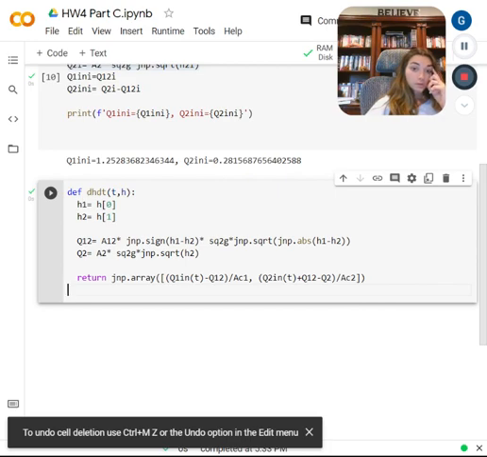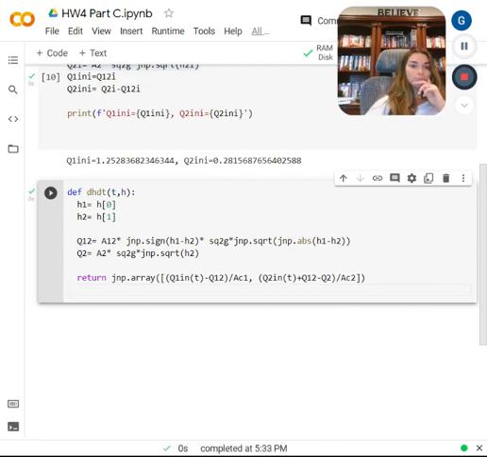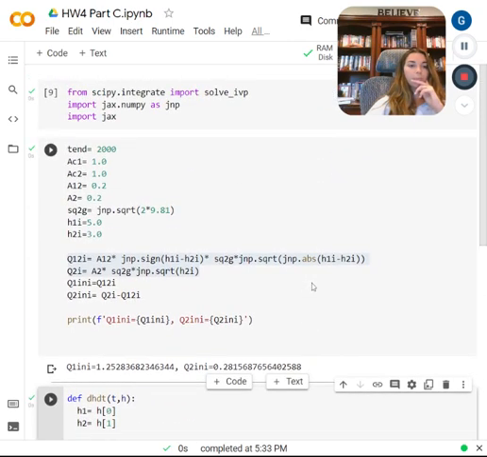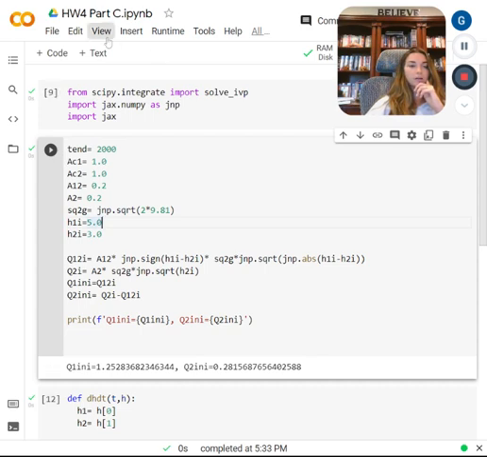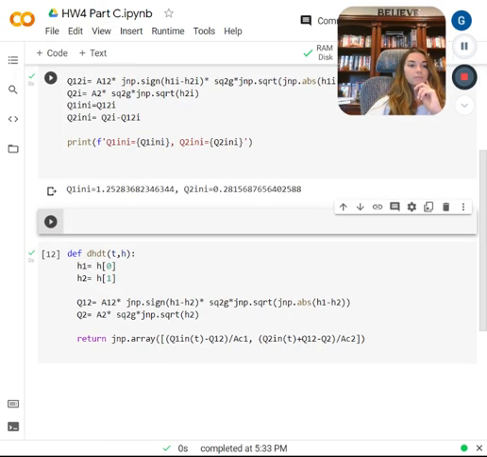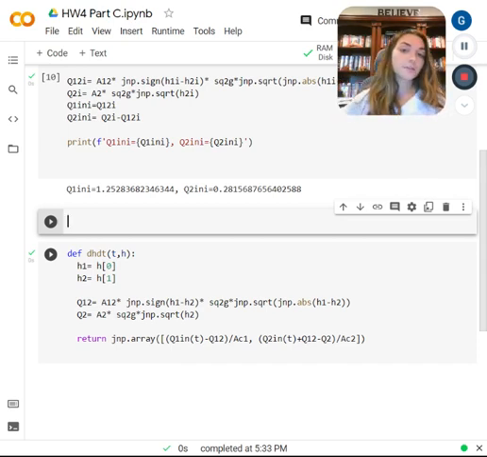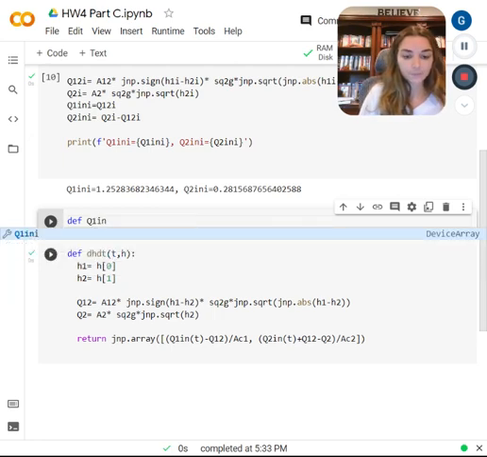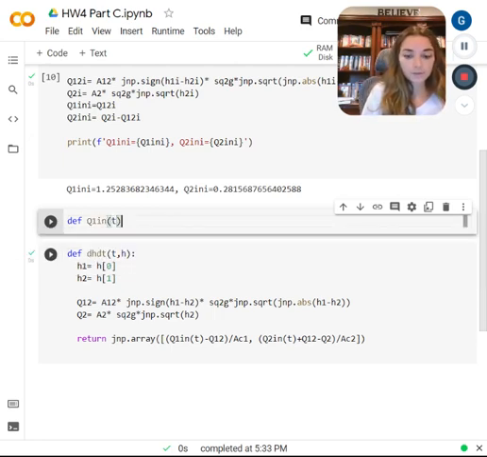So we're getting values for this, but we need to actually go back here and define our Q12 and Q2, which are our flow rates for tank 1 and tank 2. So do that by finding Q12.